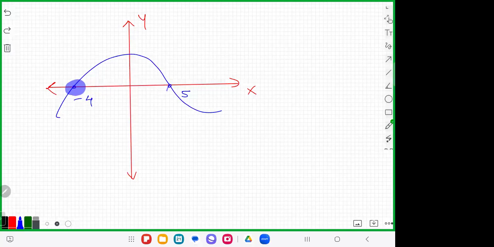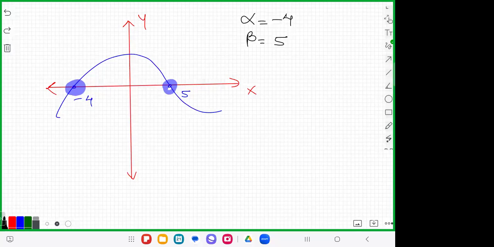So you can write alpha as -4 and beta as 5. We got 2 zeros, so the first zero is alpha, the second zero is beta. If you want, you can take alpha as 5 and beta as -4, no problem, but at least once consider alpha as -4 and beta as 5.